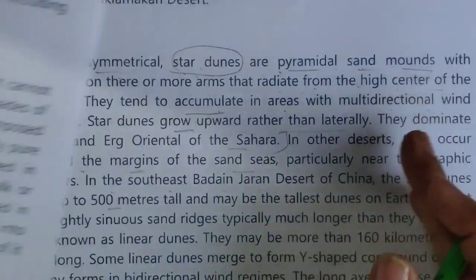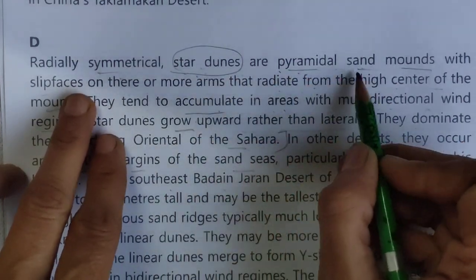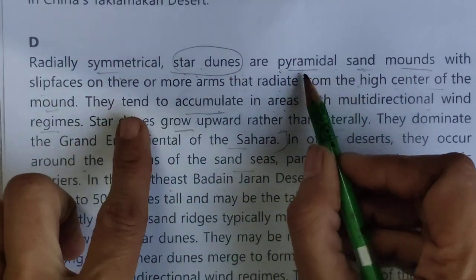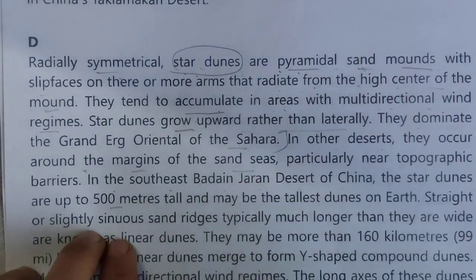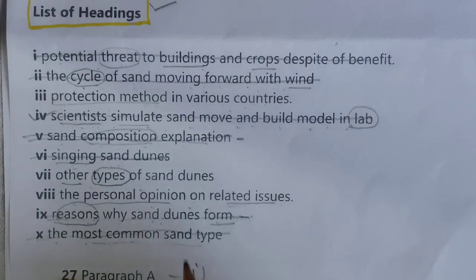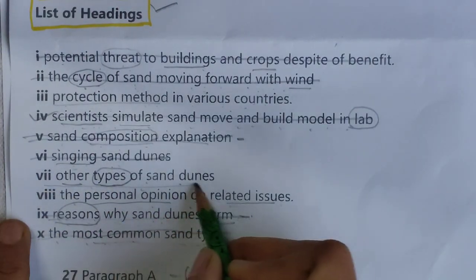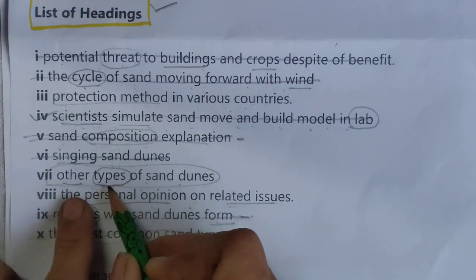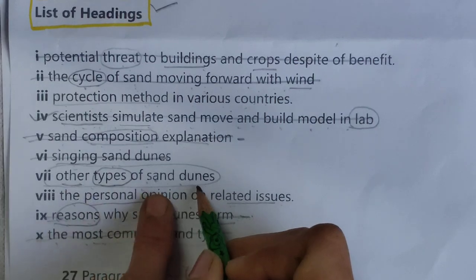So here they are saying something different about symmetrical star dunes, which are pyramidal sand mounds. This is a different kind of sand mound they are talking about, so the answer will be different. There was one option, other types of sand dunes. We couldn't come to know this answer before, but now I understand they are talking about other forms of sand dunes.